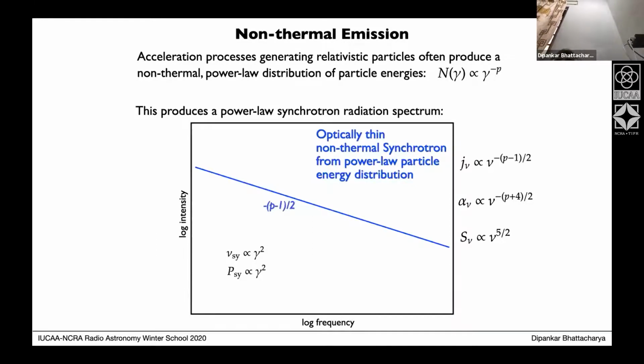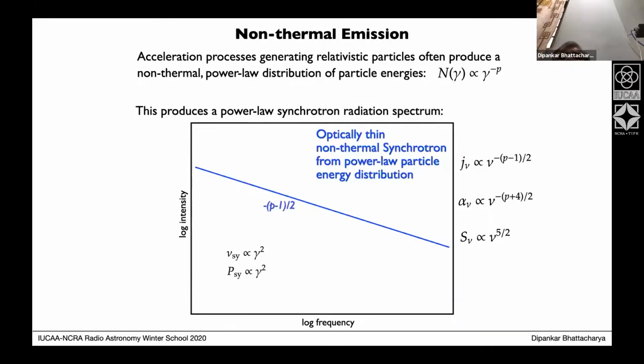Now, if you have a particle energy distribution like that, and we know that for synchrotron the typical frequency goes as gamma squared, and the typical power also goes as gamma squared, then taking this into account, we can integrate over this particle energy distribution, and we find that the emission coefficient becomes proportional to nu to the power of minus (p minus 1) by 2.